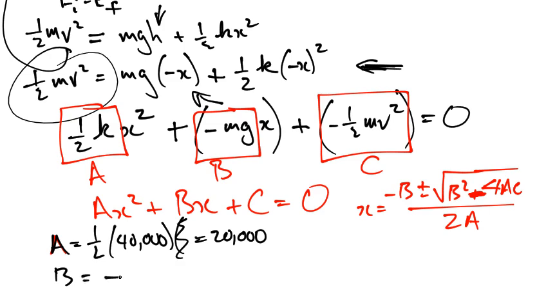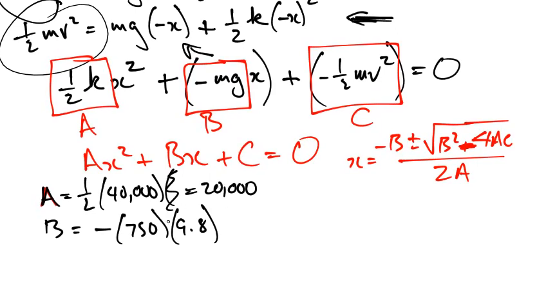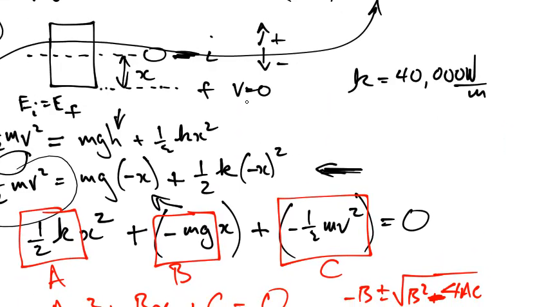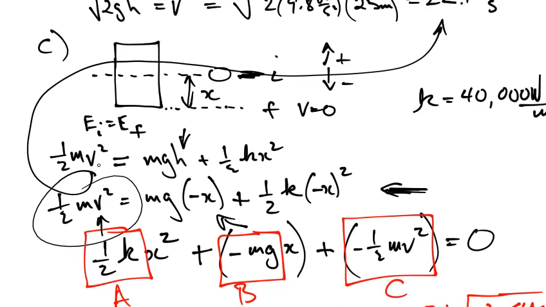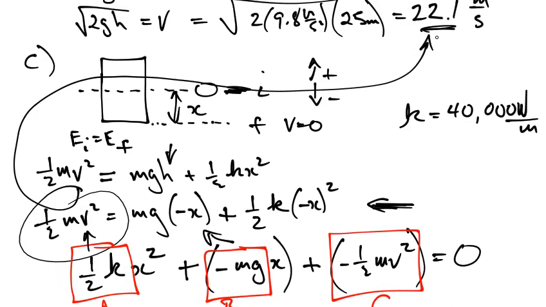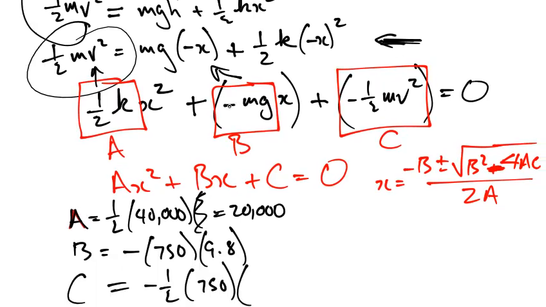B is negative mg, m being 750, and g 9.8, and c is equal to negative 1/2 750 times v. Now what v was that? That was this v here is the v we're talking about, and that, of course, as I've pointed out here, was the 22.1. So let's put that in.